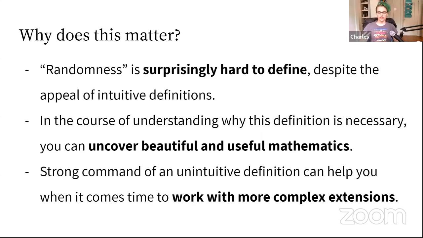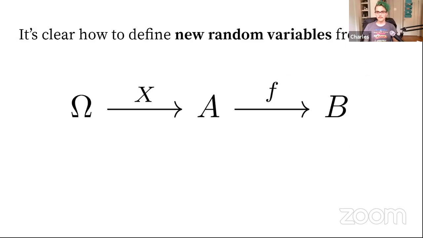I think I've already talked a little bit about why this matters, so maybe the slides become a little bit redundant. But the biggest thing I want to point out is that strong command of this unintuitive definition will help you when it comes time to extend it and work in places where your intuition might fail you or lead you astray.